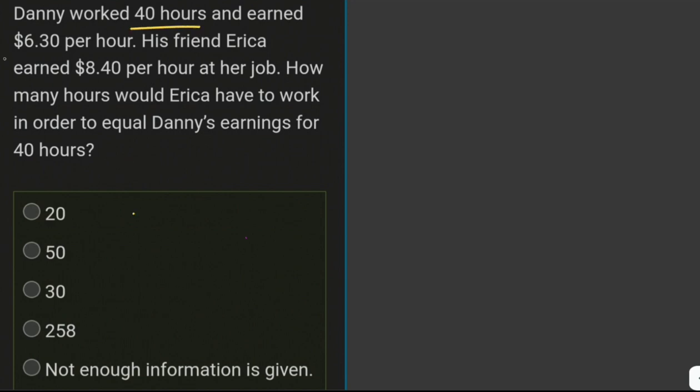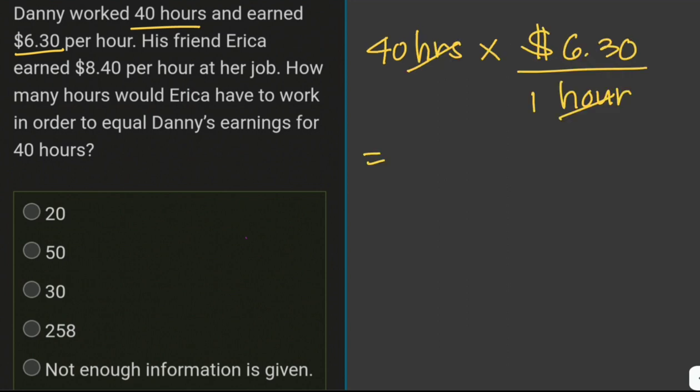So we multiply 40 hours times $6.30 per hour. This would give us a total of $252. So Danny earned $252 for 40 hours.